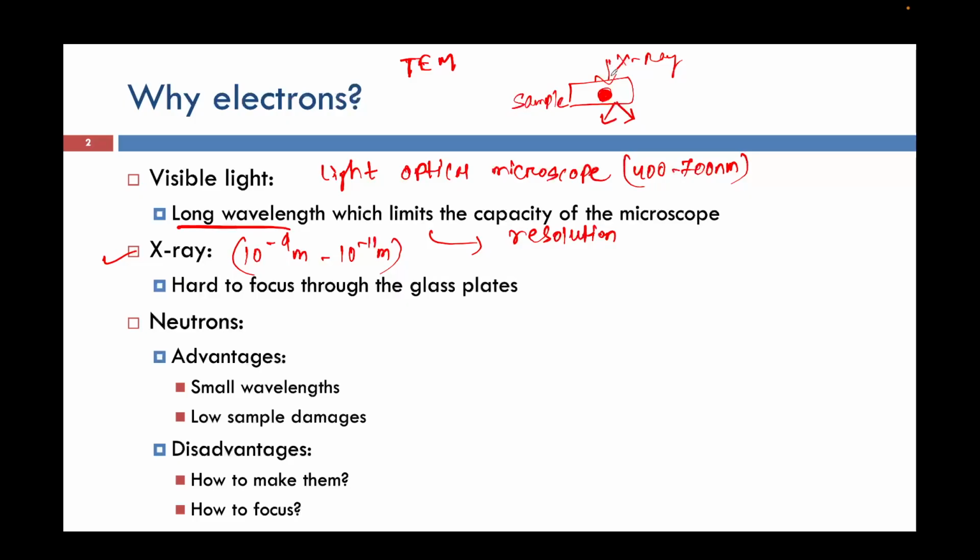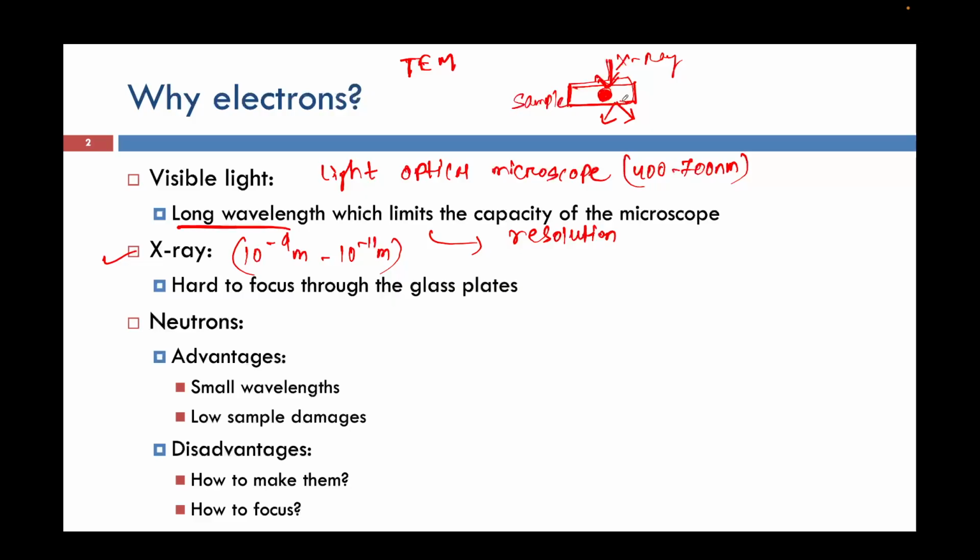Due to this absorptivity, we are not able to obtain complete information or analyze our material as much as we want.